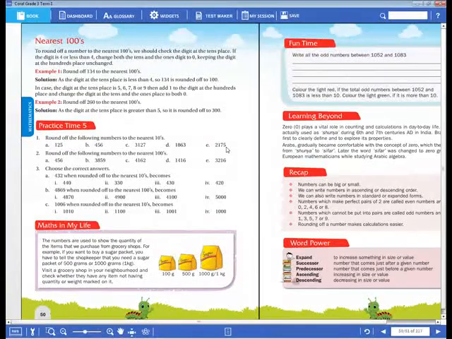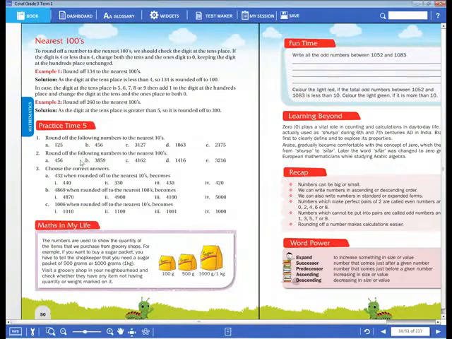Okay. Now when we take the nearest hundreds, dear children, for this 456 is there. What is the nearest hundreds? Nearest hundreds.